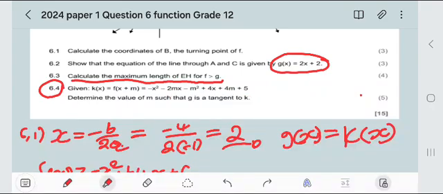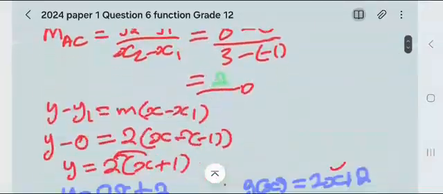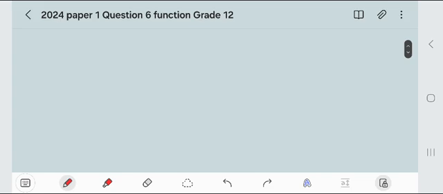So we can equate that. So we know that our g of x will be equal to k of x.